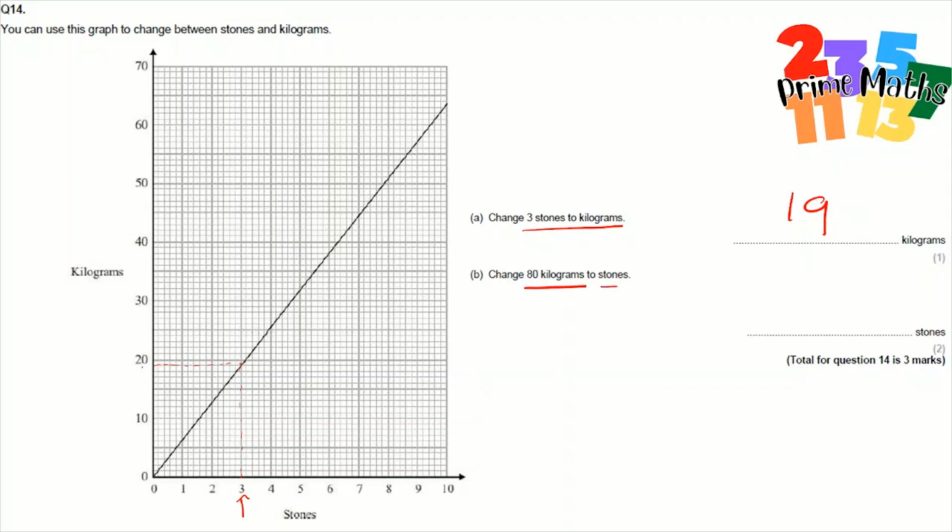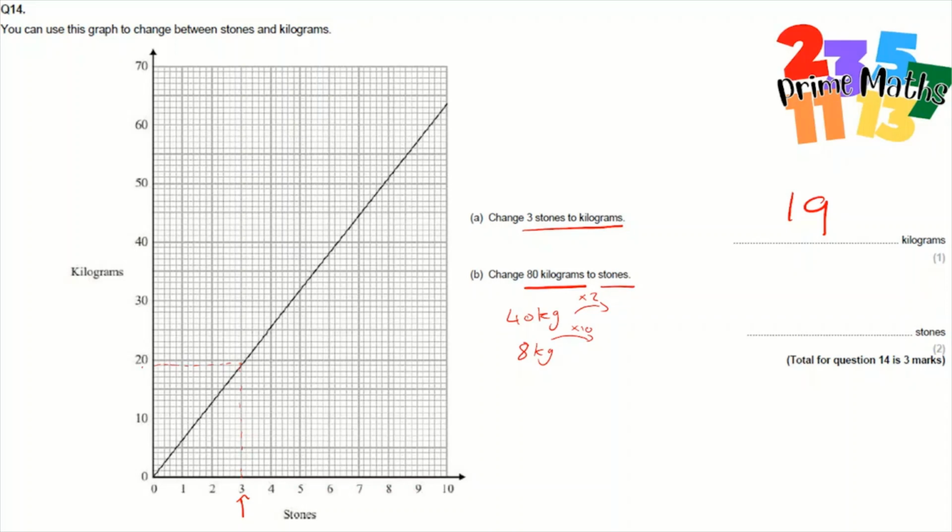Changing 80 kilograms to stones, our conversion graph only goes up to 70 kilograms, so we have a few options. We could work out what 40 kilograms is and multiply that by 2. We could work out what 8 kilograms is and multiply that by 10, and so on.